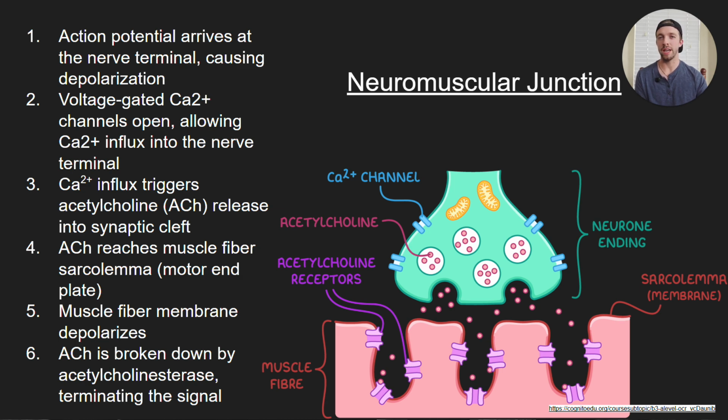This is a really important chemical messenger in muscle contraction, and the acetylcholine is released into the synaptic cleft, the space in between our neuron and our muscle fiber. This acetylcholine reaches the sarcolemma, our specialized cell membrane of our muscle fiber cell, which causes the muscle fiber to depolarize and go through all the steps we talked about in video 2. When the action potential stops and the acetylcholine release stops, any acetylcholine left in the synaptic cleft is broken down, thus terminating the signal entirely.